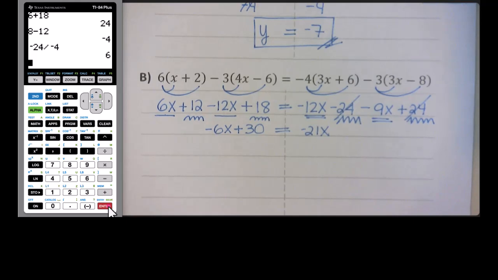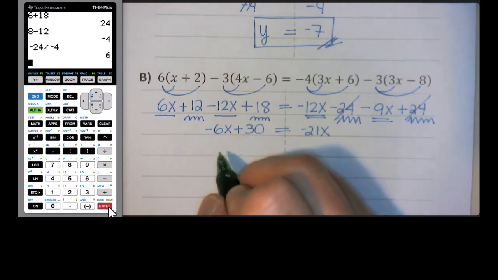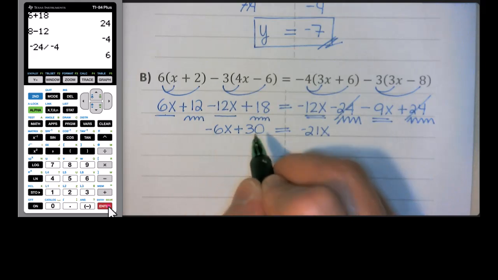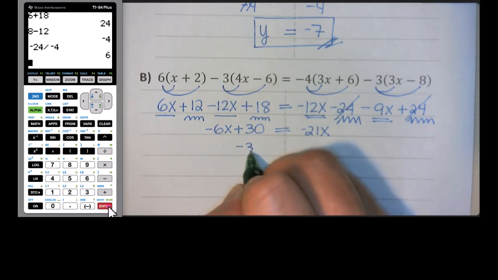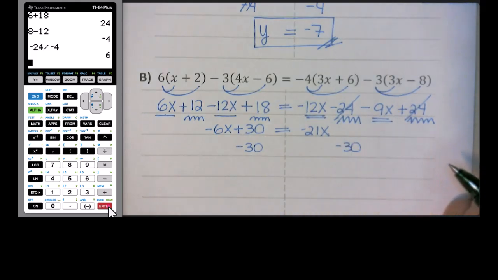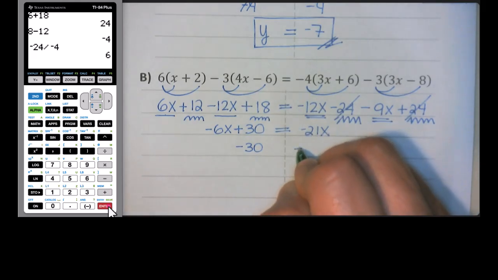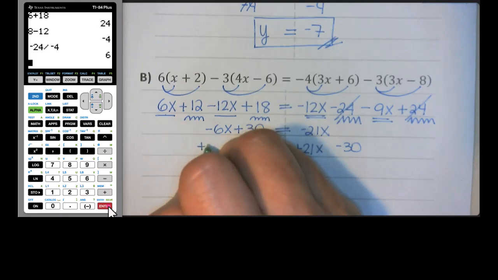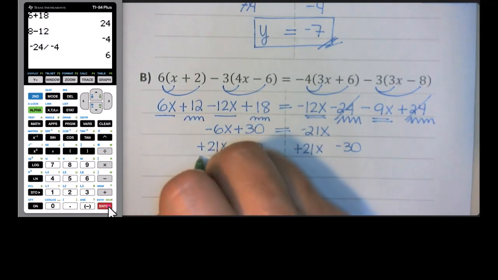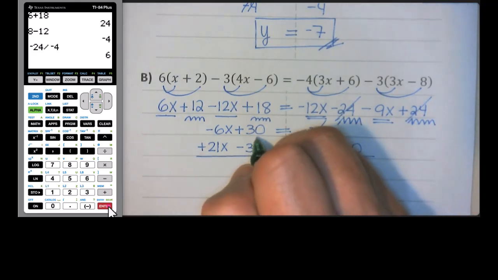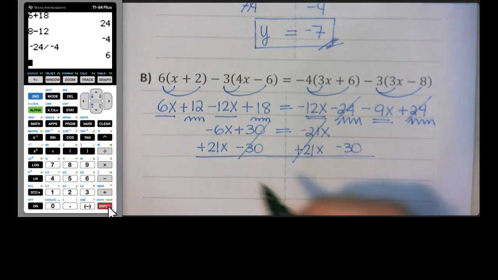Now we're ready for the third step, which is cancel the numbers. So negative 6x is in the right place, but 30 is not. So let's go ahead and cancel 30 by subtracting 30 on both sides. Now negative 21x is also in the wrong place, so let's cancel that by adding 21x to both sides. And if we do that, the 21x goes away, the 30 goes away.